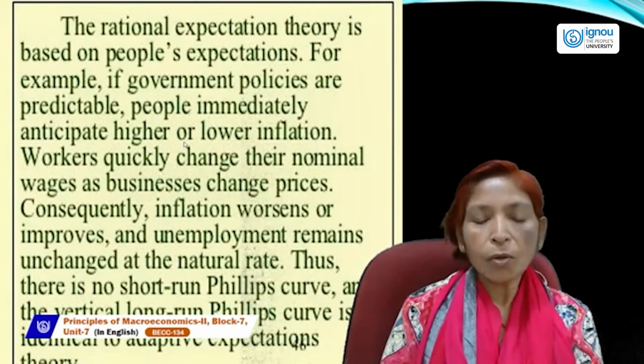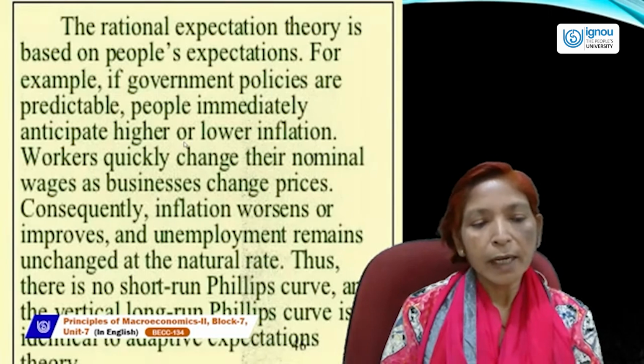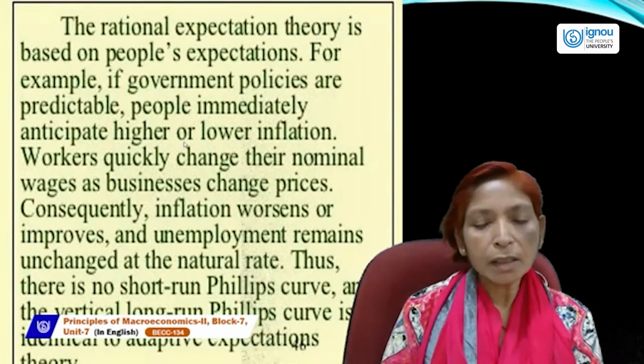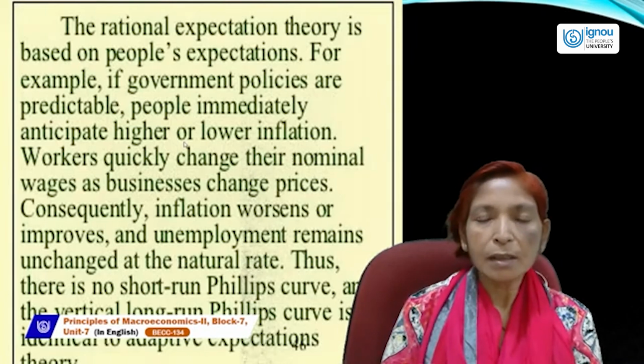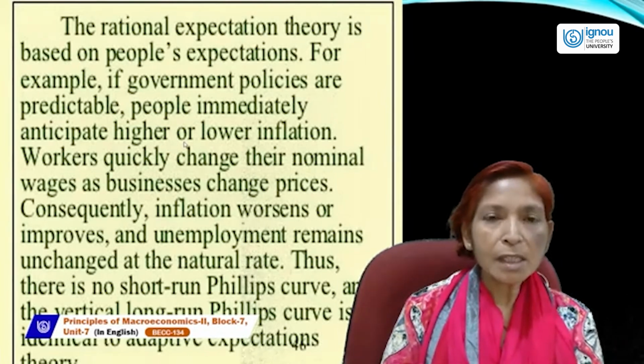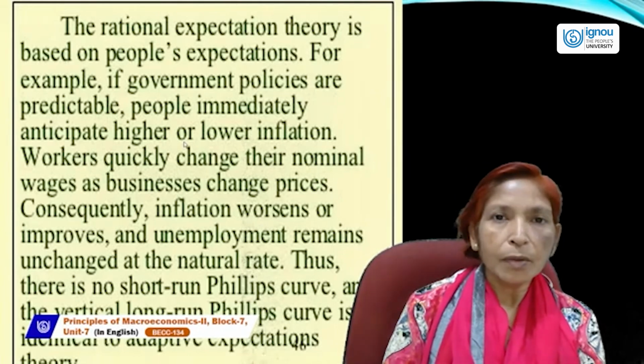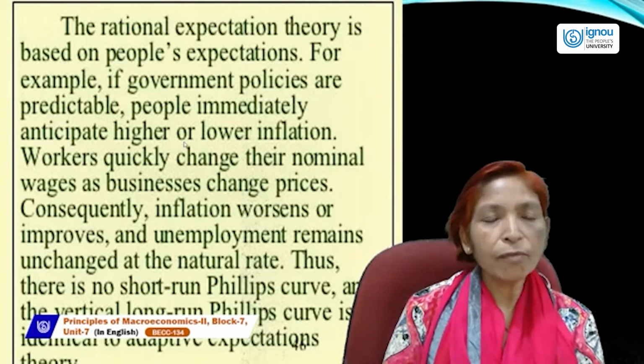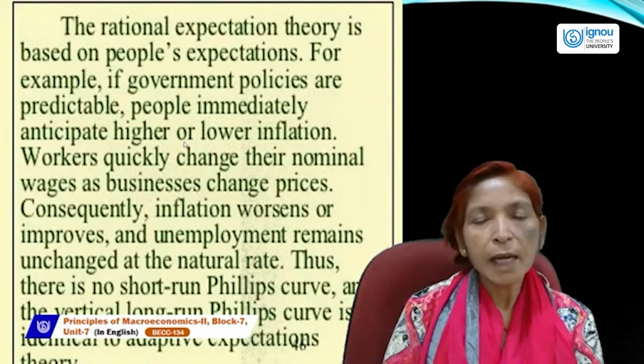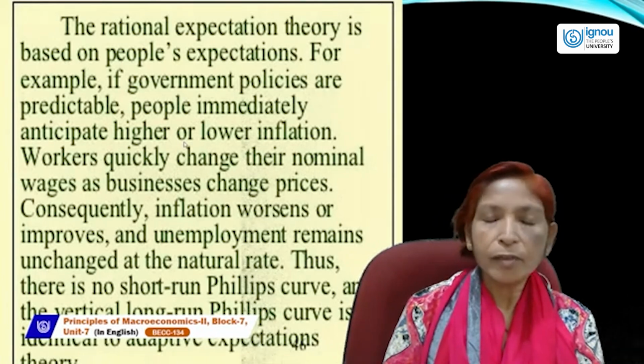Thus, there is no short run Phillips curve, and the vertical long run Phillips curve is identical to adaptive expectations theory. So, these theories are also made on the assumptions of short run Phillips curve and long run Phillips curve.